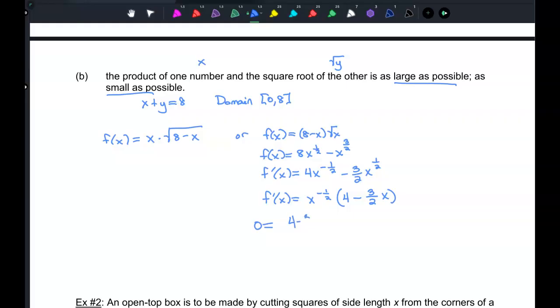If I set that equal to 0, the denominator can't be set equal to 0, and that's an endpoint anyway. It's undefined there. But what else can we do? Set the numerator equal to 0, and we get 8/3. And 8/3 is in the domain, so that's going to be a critical point.